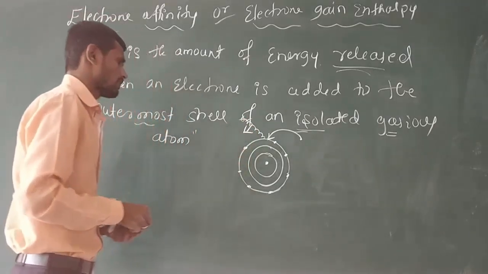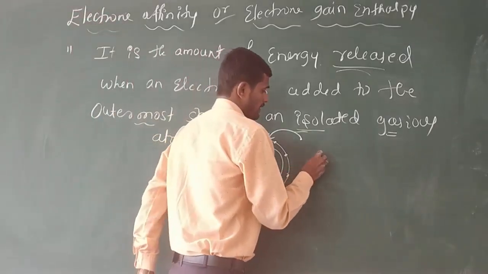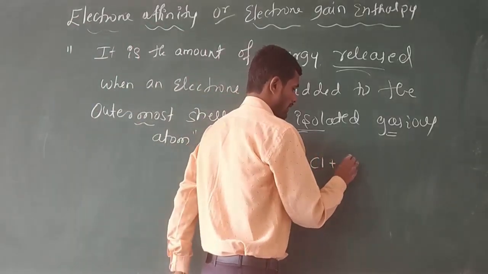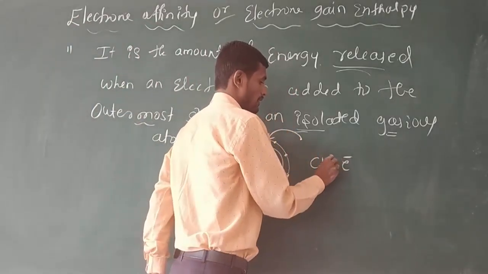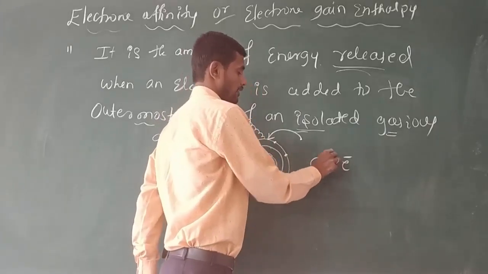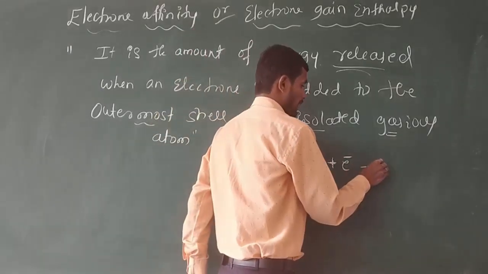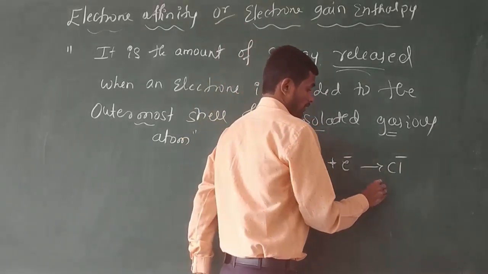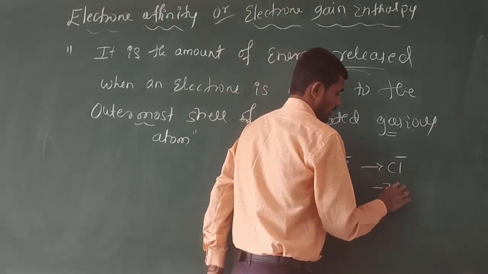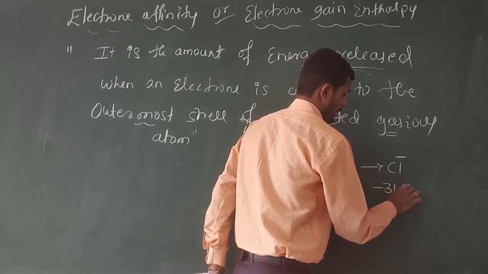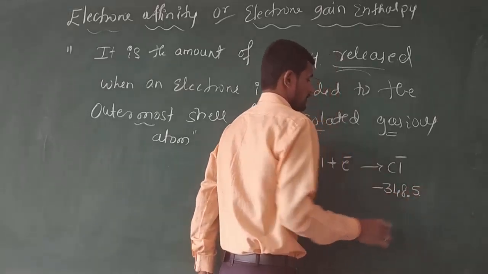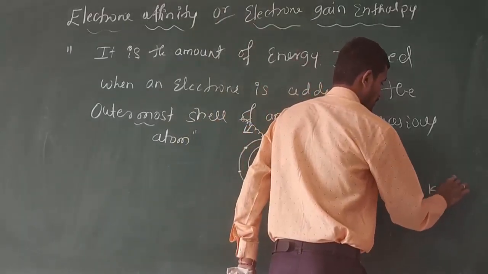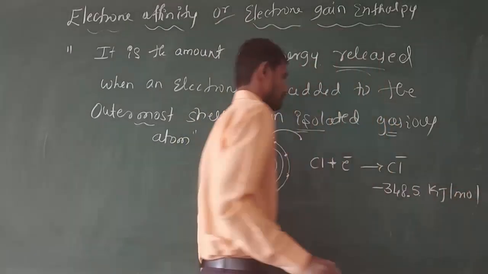Yes, students, if you take an example here, Cl, chlorine, when it accepts one electron, meaning add one electron, then it becomes Cl minus. Theoretically, we know the value of this is 348.5 kilojoule per mole.